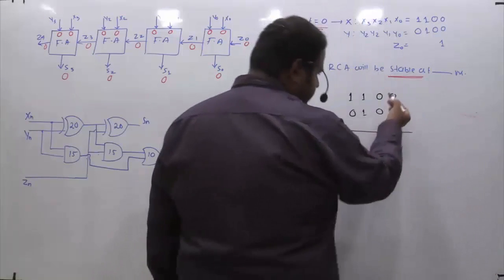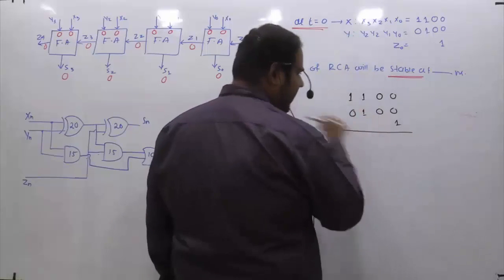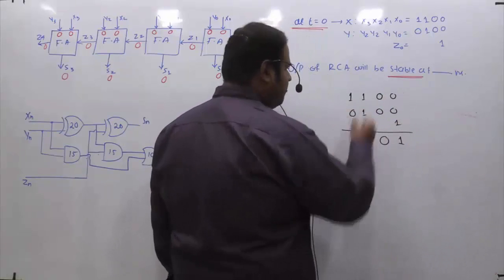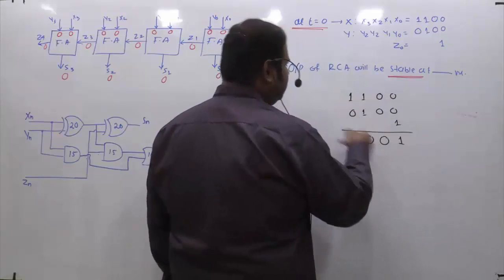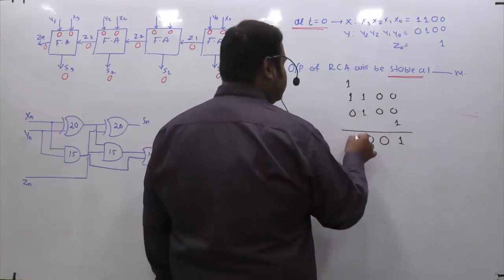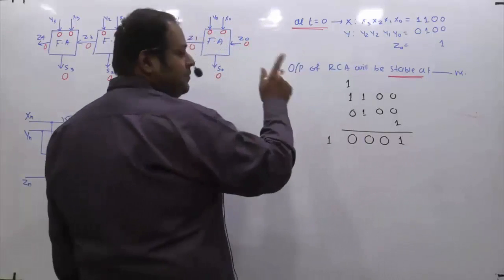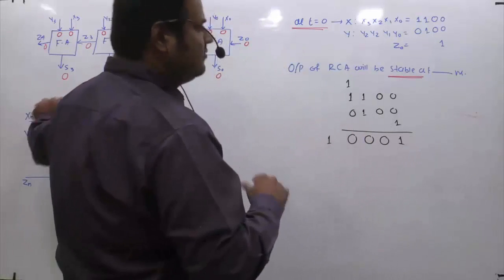If you add it, the sum you are going to get: this is 1, this is 0, 1 1, sum is 0, carry is 1, 1 1, sum is 0, and carry is 1. So for these inputs we'll see what is going to happen.